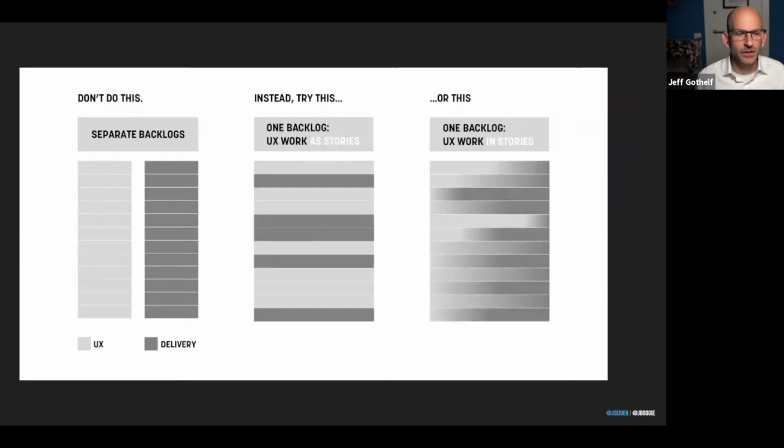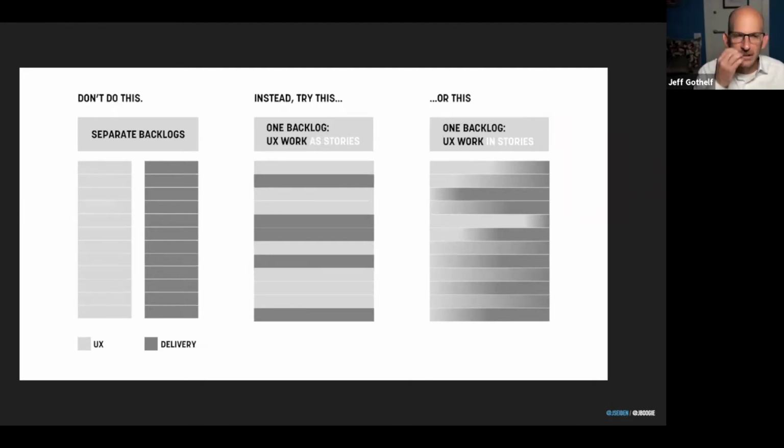Other things we cover more specifically about this is how to write stories and how to manage your backlog as well when it comes to blending discovery and delivery stories, right? Do we want to do two separate backlogs? We don't, right? Do we want to do one backlog with separate UX stories and discovery stories and delivery stories? It's a good start.